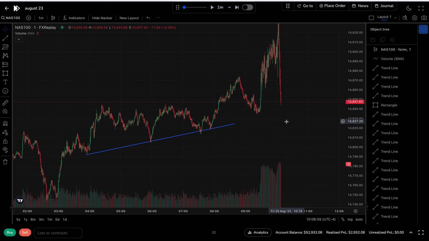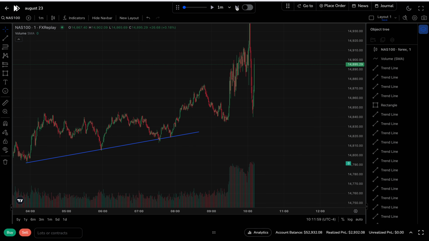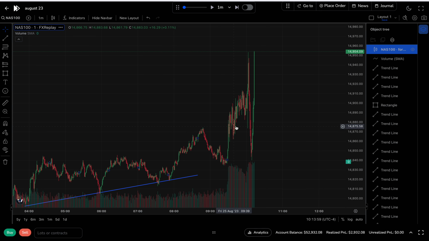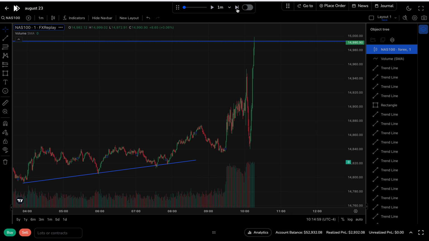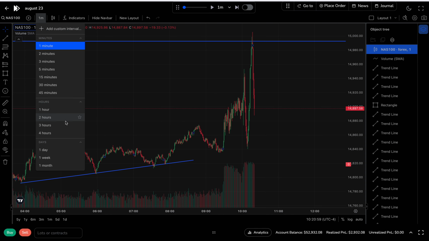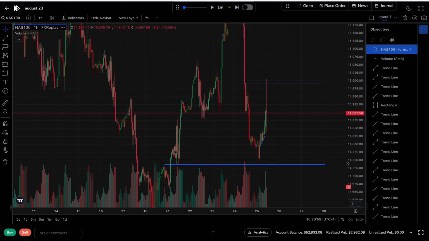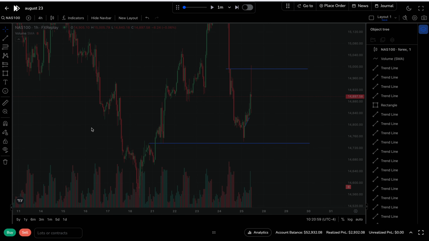Okay, so it's possible my bias actually was right. Holy freaking cannoli. Now that is some momentum. Okay. So now that we tapped this hourly gap, we 100% went lower, like 110% went lower.